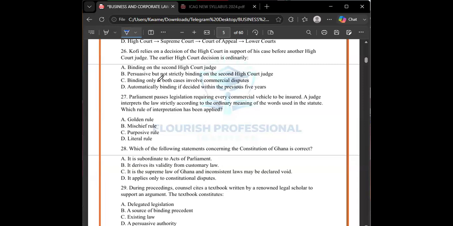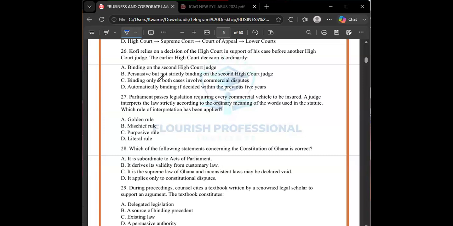26. Okay. Kofi relies on a decision of the High Court in support of his case before another High Court judge. The earlier High Court decision is ordinarily A, binding on the second High Court judge, B, persuasive but not strictly binding on the second High Court judge, C, binding only if both cases involve commercial dispute, D, automatically binding if decided within the previous 5 years.